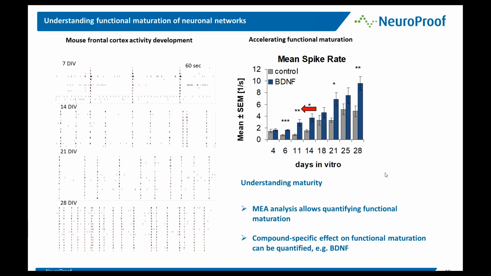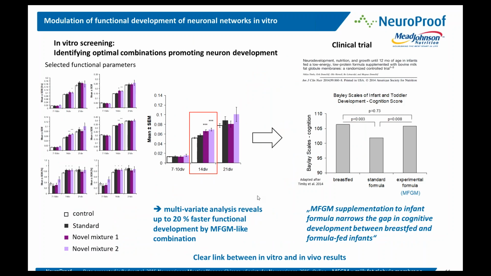So we can use this readout to address how we can improve iPS-derived neurons, but also, and here I have an example, to show how sensitive this technology can be. In collaboration with an infant formula producer in the US, we developed a new combination of infant formulas where we added different mixtures of compounds and saw this promotion of neuronal activity.